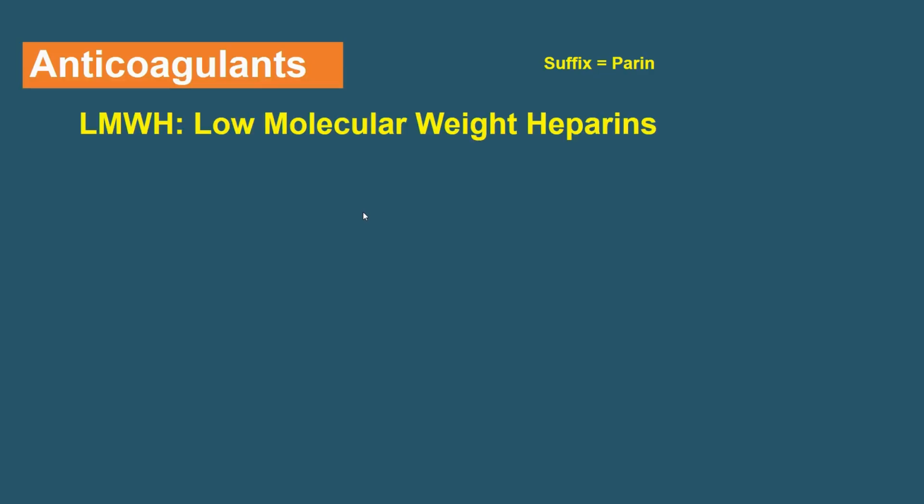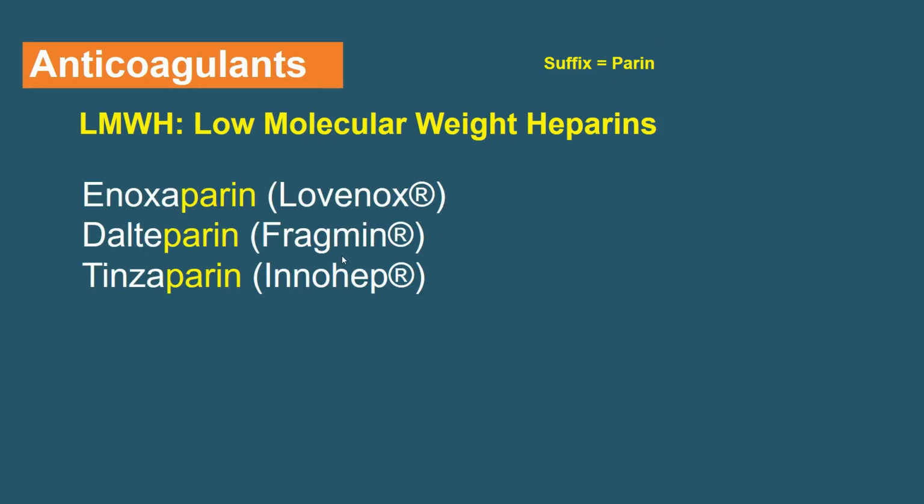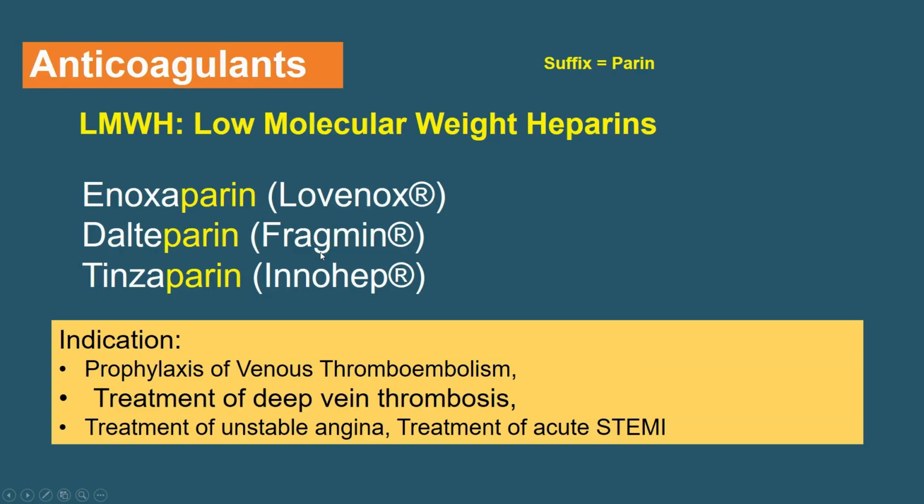Next, other types of anticoagulants are low molecular weight heparins. All low molecular weight heparins have the suffix parin: enoxaparin, dalteparin, tinzaparin. Enoxaparin brand is Lovenox, dalteparin is Fragmin, tinzaparin is Innohep. These low molecular weight heparins are primarily used for prophylaxis and treatment of venous thromboembolism, treatment of deep vein thrombosis, and treatment of unstable angina and acute STEMI.